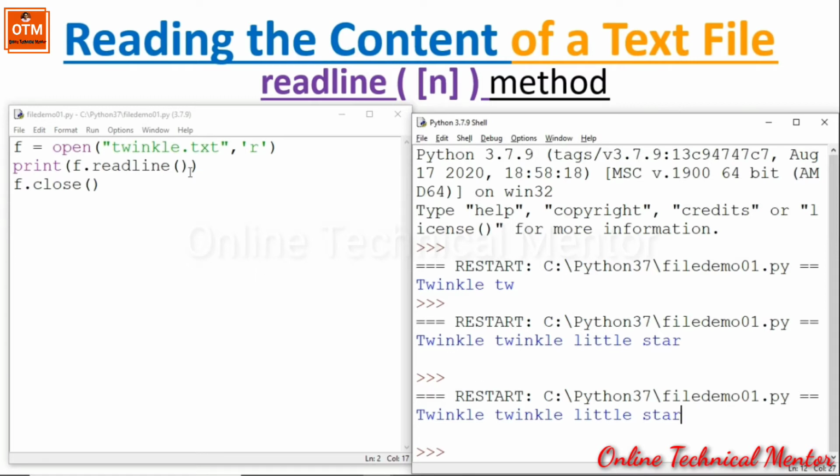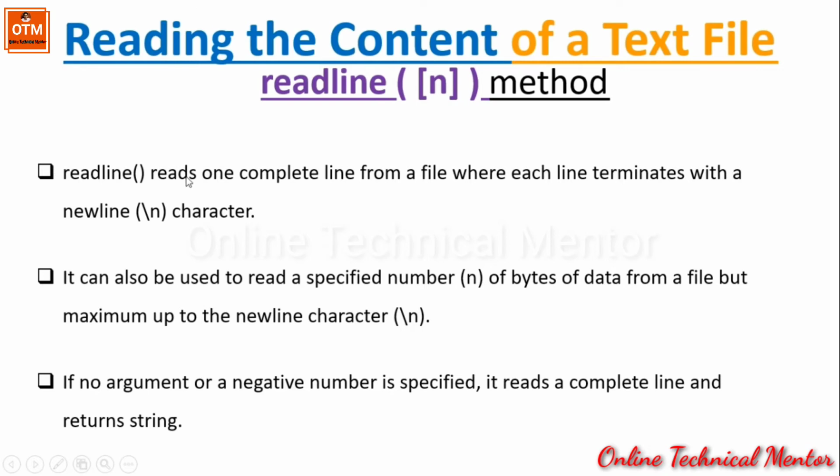So whenever you specify a number which is less than the length of the line in the data file, it will extract that number of characters and display it in the console. So for that, the first line, readline reads one complete line from a file where each line terminates with a new line character. And also look at the third line. If no argument or a negative number is specified, it reads a complete line and returns a string.